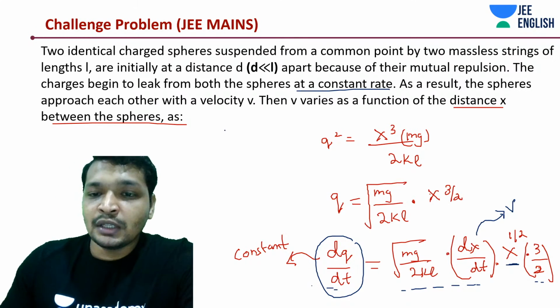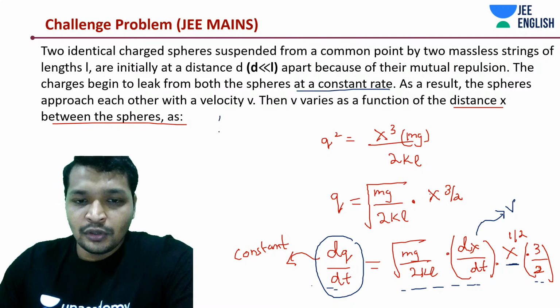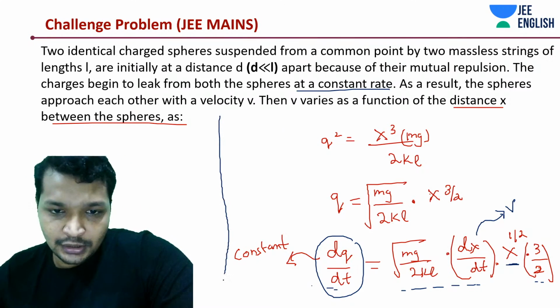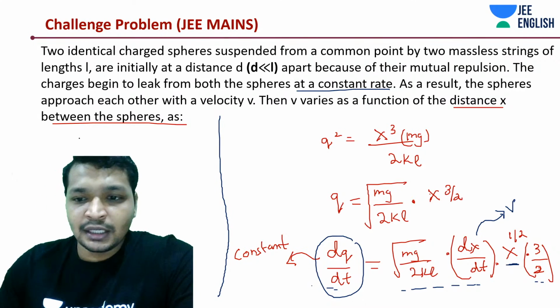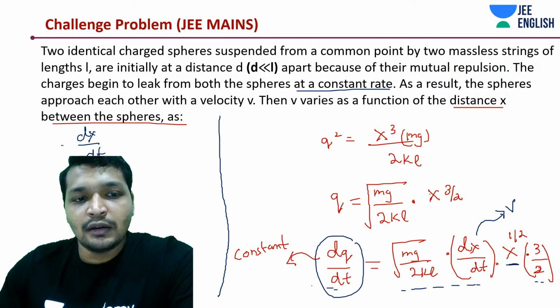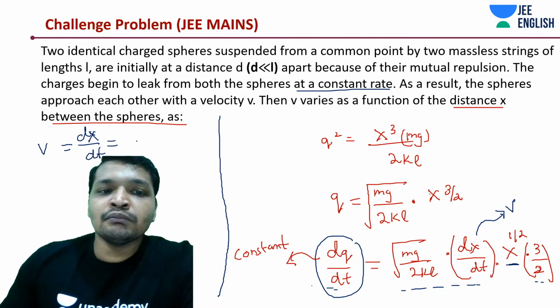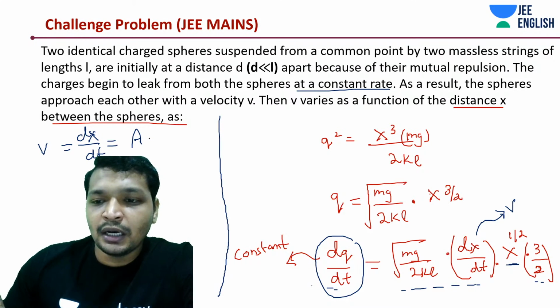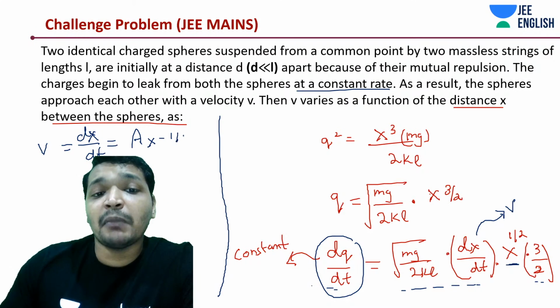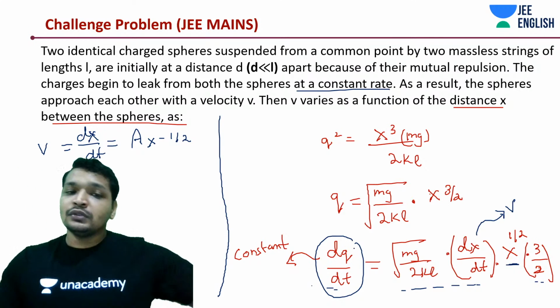So dx by dt, which is nothing but velocity, is equal to some constant a times x to the power minus 1 by 2. Right? This would be carried to the left hand side.